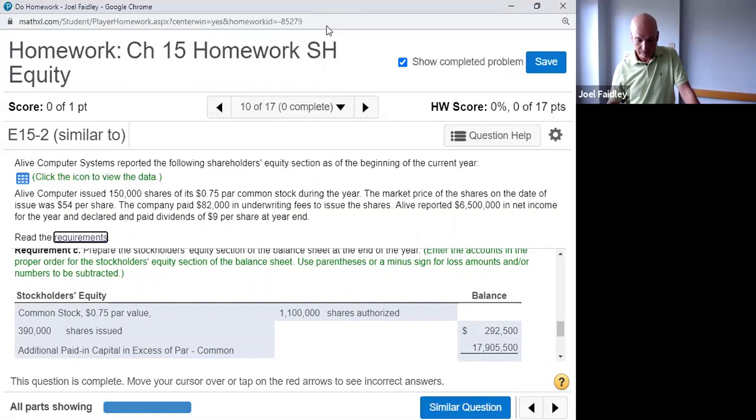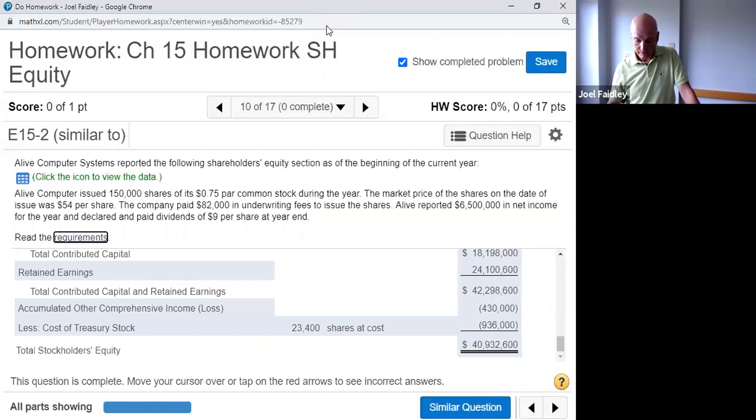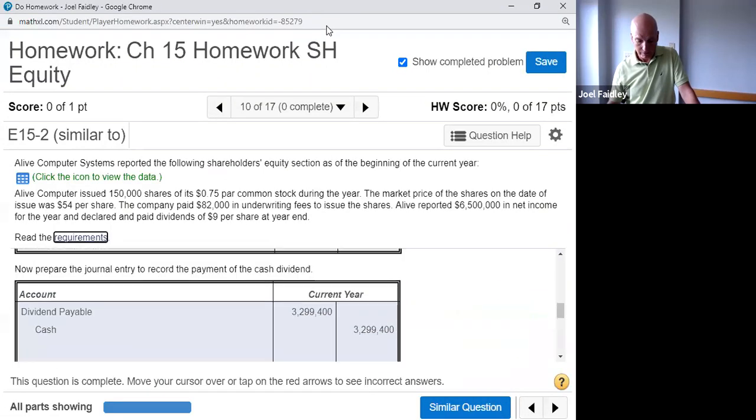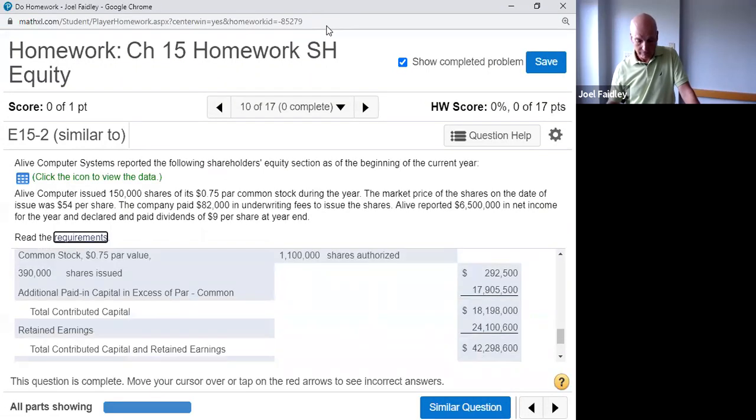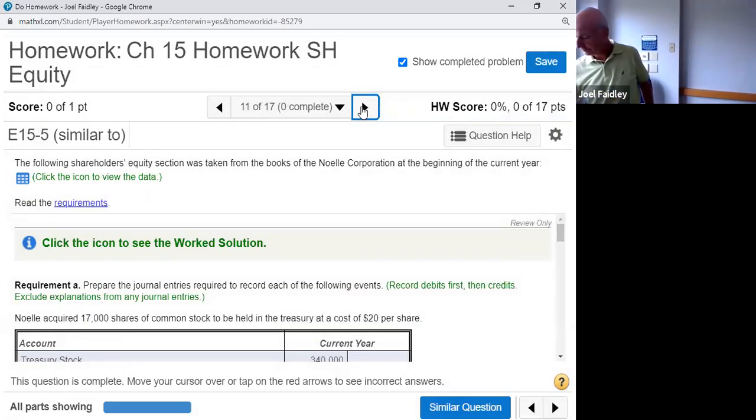Shares issued minus what? Treasury stock, 23,400. 390,000 minus 23,400 gives you number of shares outstanding: 366,600. All right, number 11.